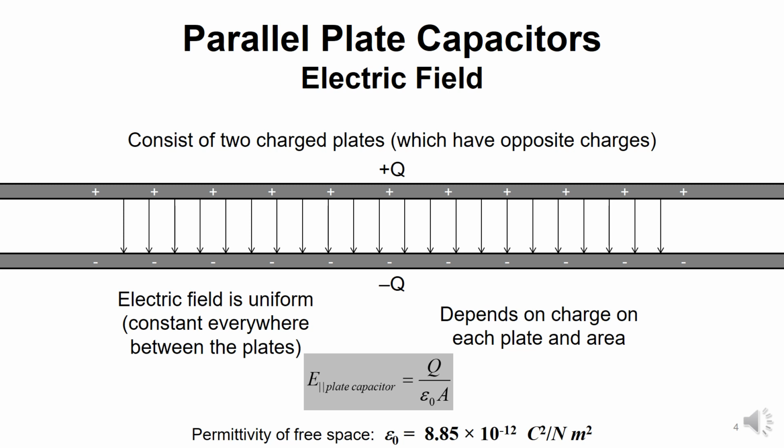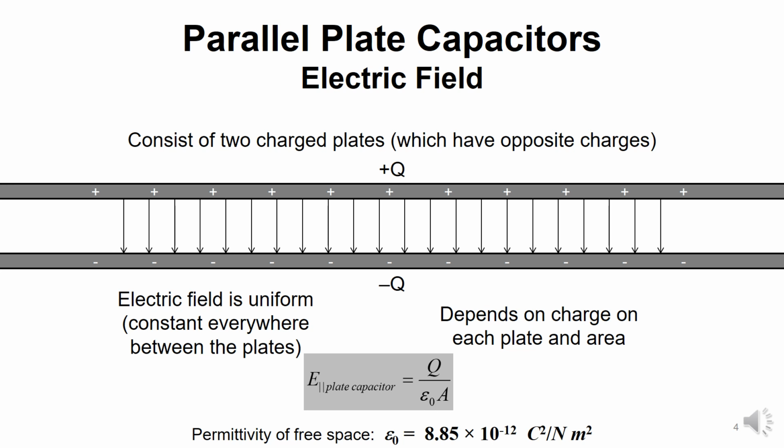This epsilon 0, the Greek symbol here, is called the permittivity of free space, and it has a constant value. Basically it tells us how easily an electric field can travel through a medium. Epsilon 0 is the permittivity of vacuum, of free space. So if you have a vacuum between the two plates of the capacitor, we use this value.